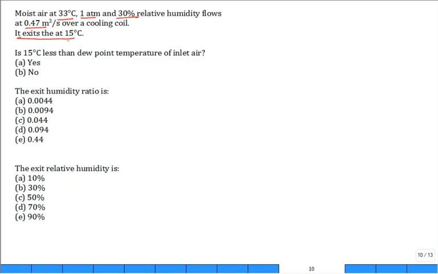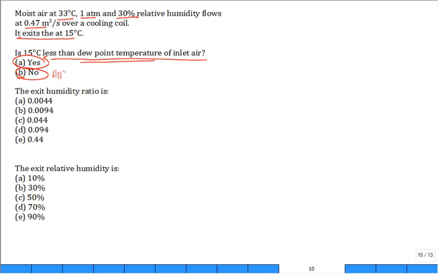Okay. Is 15 degrees C less than the dew point temperature of the inlet air? Yes. Okay. You're going to say B. We got two B's. BB? Did you go B?